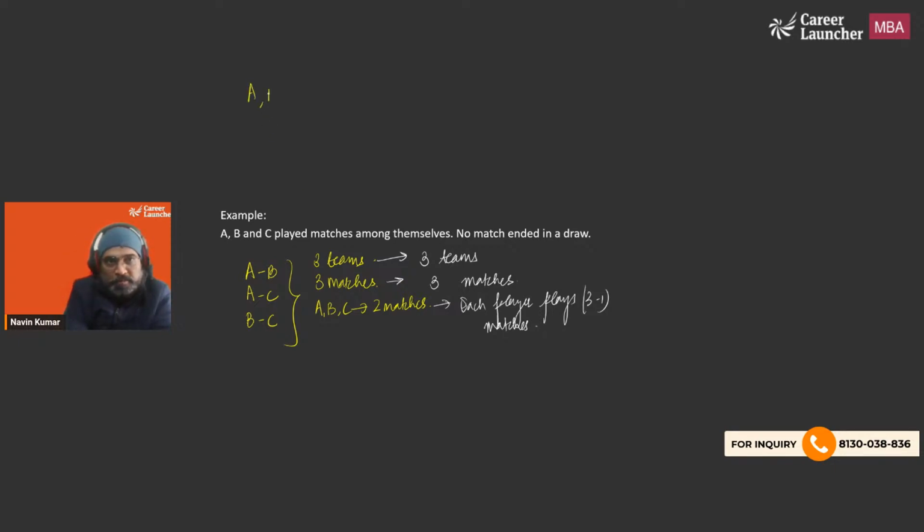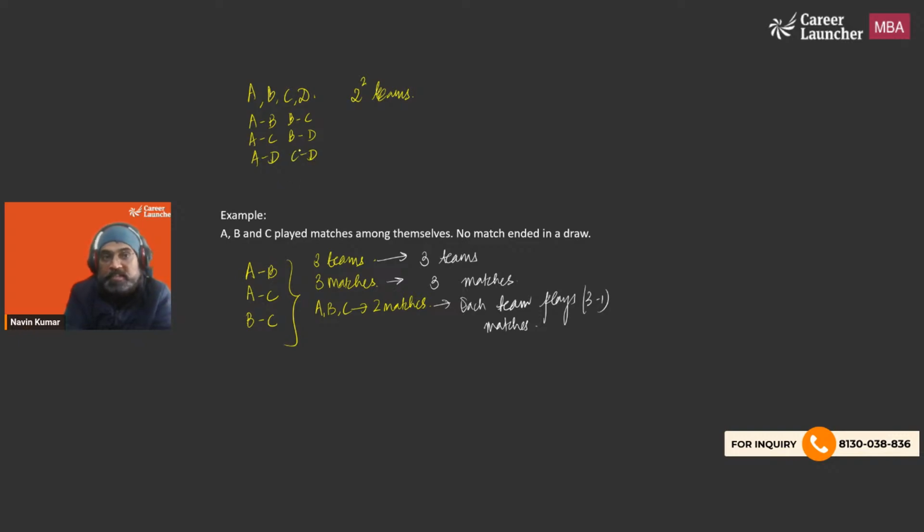Suppose you have 4 teams. 4 teams would mean 2 square teams that are playing. We don't have players, we actually have teams. So the number of matches that are supposed to happen are: A plays against B, A plays against C, A plays against D, then B plays against C, B plays against D, and then C plays against D, right?